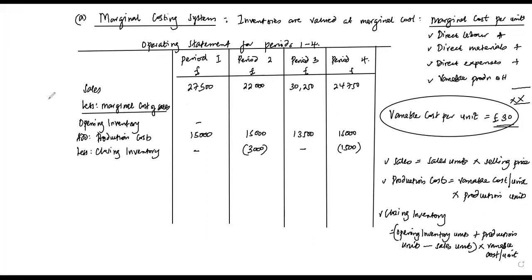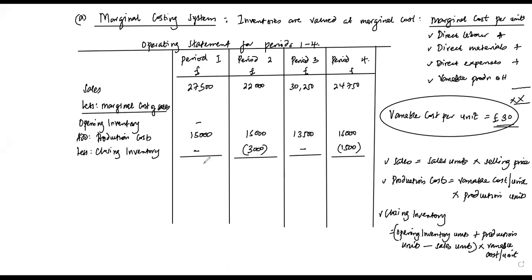So that's how we get the marginal cost of sales: opening inventory plus the production, then less the closing inventory. So let us get the marginal cost of sales now.